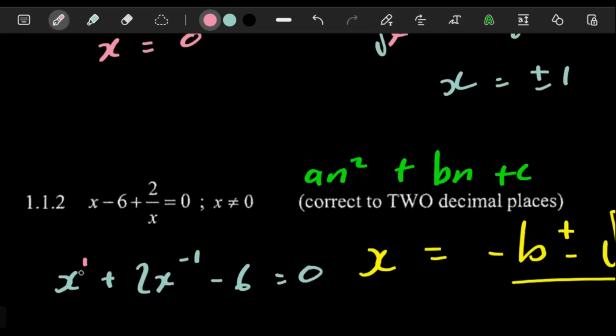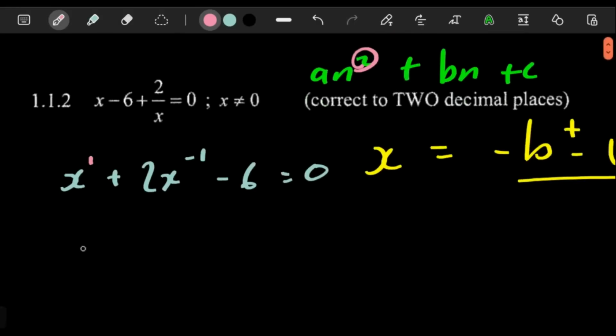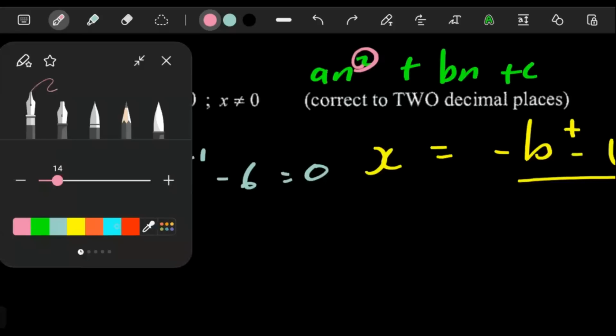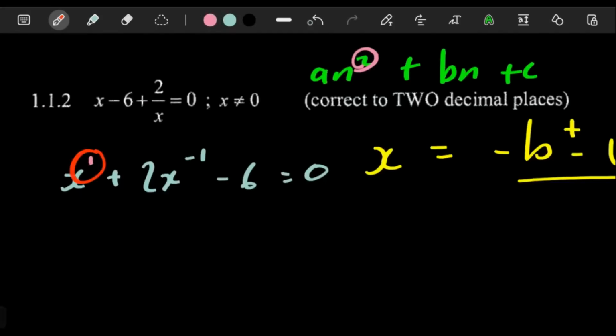If you want to write this with something that is quadratic, that has something squared, you can be creative and think of a number such that if you multiply it by 2, it's going to give you a 1.